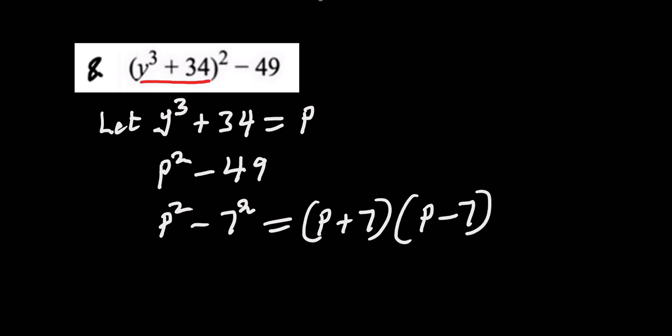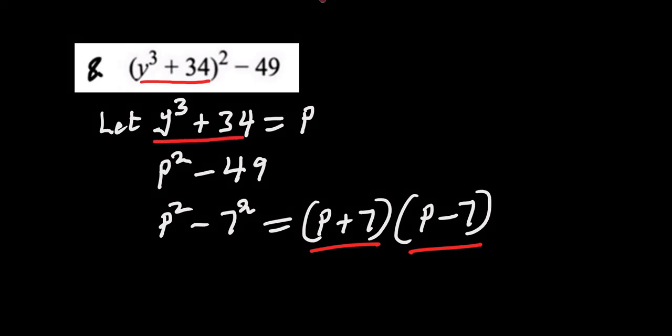All right, so at this point we can now substitute the value of P into these two factors. Remember that this is the value of P here. So we are going to substitute this value for P in these parentheses.